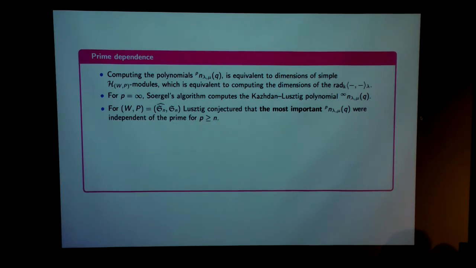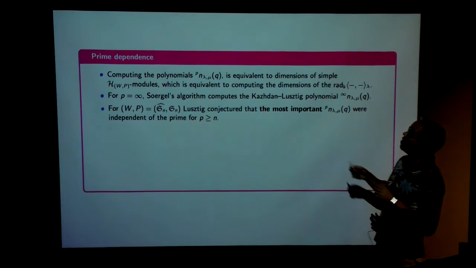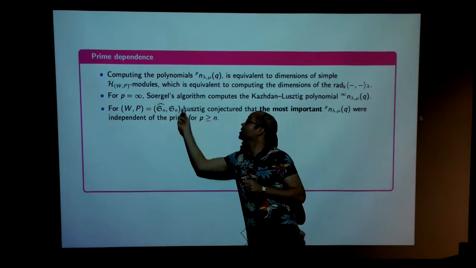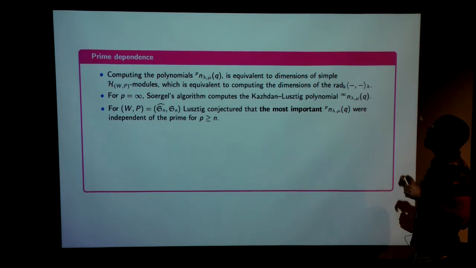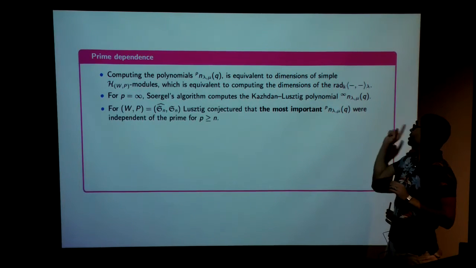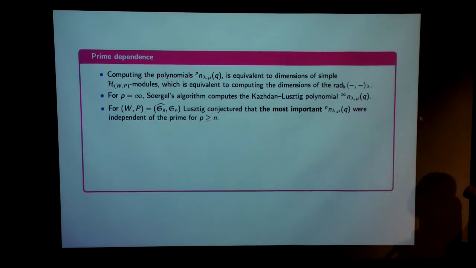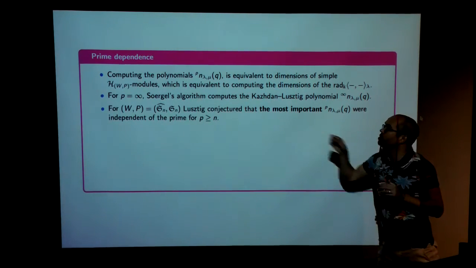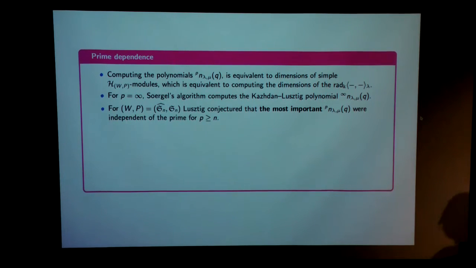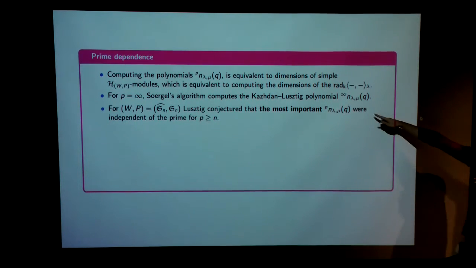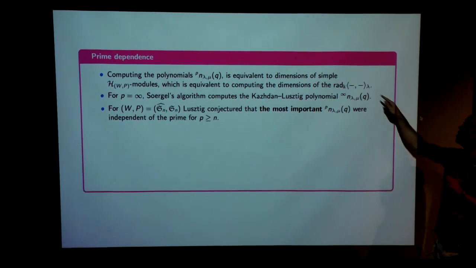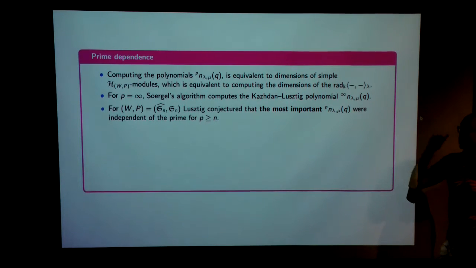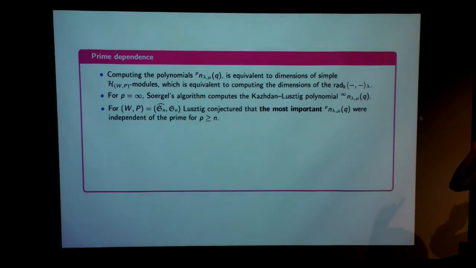And the point of Lusztig's conjecture was that for the parabolic Coxeter systems controlling algebraic groups, in particular for us the type A one, Lusztig said that the most important p-Kazhdan-Lusztig polynomials should be independent of the prime, providing the prime was bigger than n, the Coxeter number. So if you like, all questions about representation theory, that's not quite true, important questions about representation theory can be calculated algorithmically, was the conjecture.